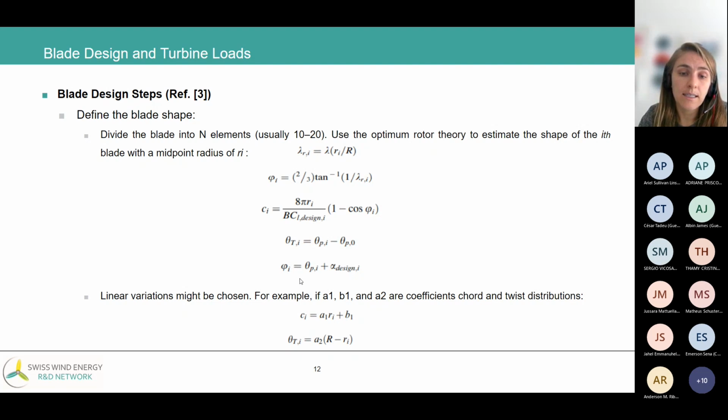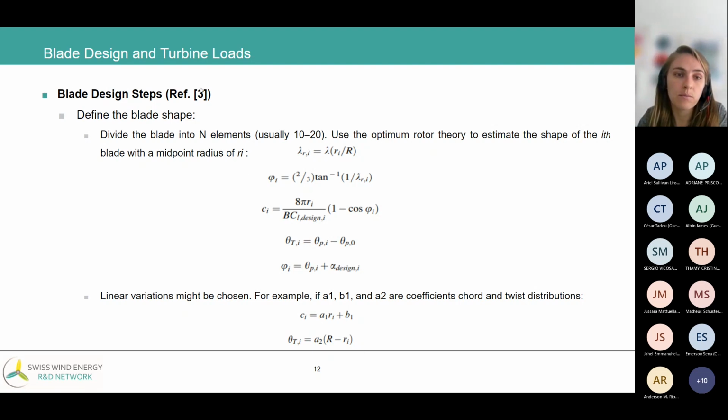Then later you have here the pitch, the twist angle, which is a function of the pitch and the first pitch of the blade. And then the same way you have the angle of attack that will be dependent on that pitch angle for that element of the blade. Then in order to solve this, you can linearize these equations and then solve using different methods.